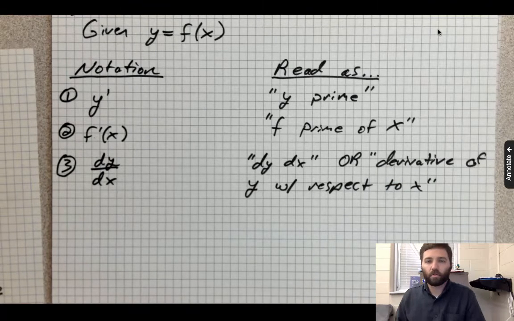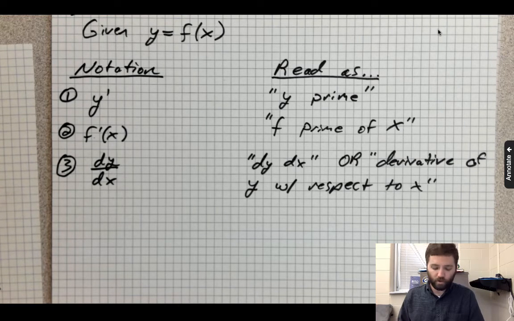I like this notation because it packs a lot of information into it. It says you're differentiating y, which tells you your dependent variable, and with respect to x tells you that you're differentiating with respect to the independent variable x. That'll become more important as the problems get more complicated and more diverse. When we're looking at position versus time functions, for example, it will be useful in that context as well.